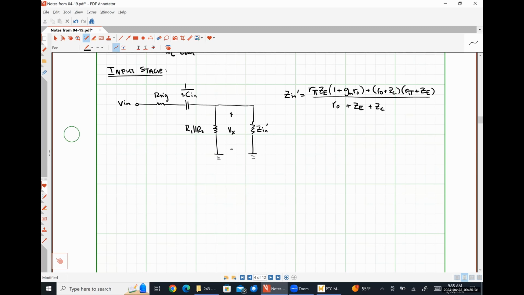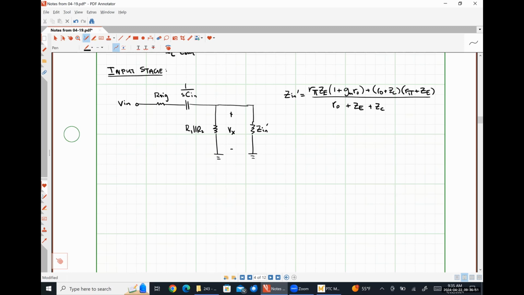Now, this isn't what we are going to use because this is a terrifyingly complex thing, right? So having a ZC and a ZE in the numerator and then having those in the denominators, the math just gets utterly ridiculous incredibly quickly.